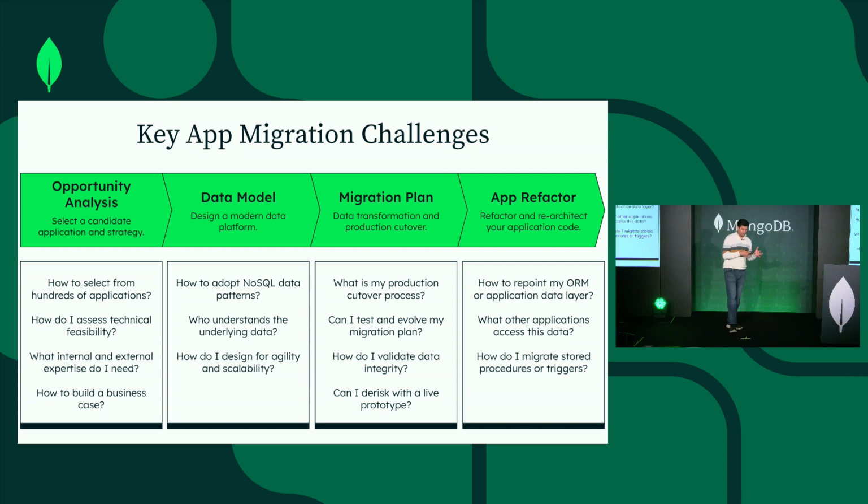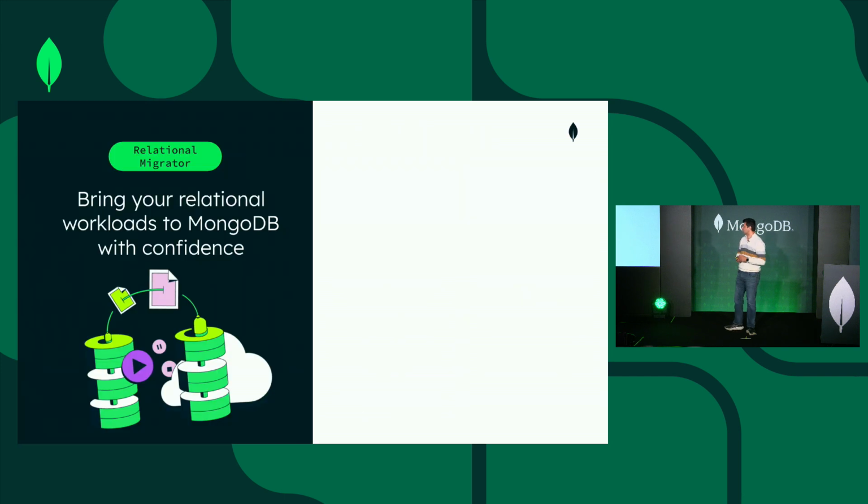So obviously, it's not going to be any good if you just bring the data, you're able to migrate your application, but a lot of those business logic components are still only there in the RDBMS. You want to bring them over as well, right? So that's going to be the fourth challenge, to handle all of this refactoring, to make sure that your application is geared for success working against MongoDB and not on the old system.